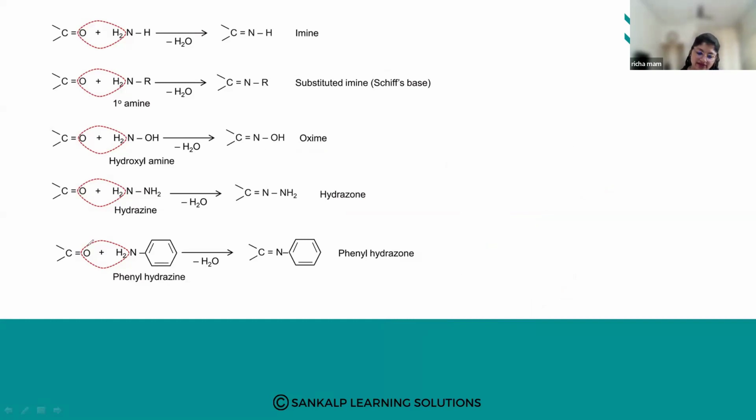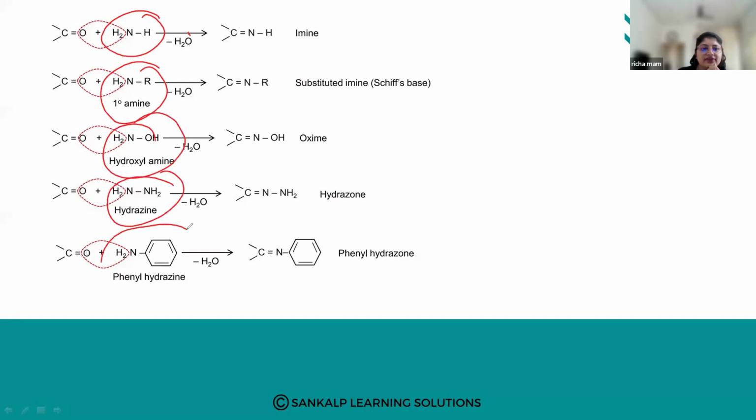Nucleophilic addition reaction is one of the important reactions. These are things you have to remember. They might ask you how, with the different derivatives, you get different products. They may ask you how you get oxime.